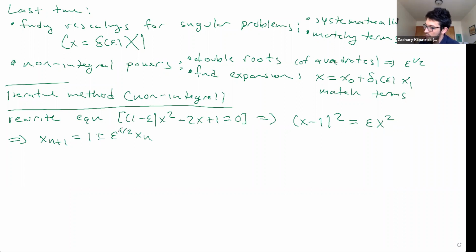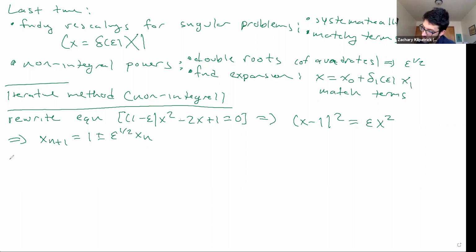You usually like the thing on the right-hand side here to be not that much bigger than the thing on the left. Okay, so each time you update this, you're really only going to get an epsilon to the 1/2 perturbation of your previous guess, right? Away from 1.